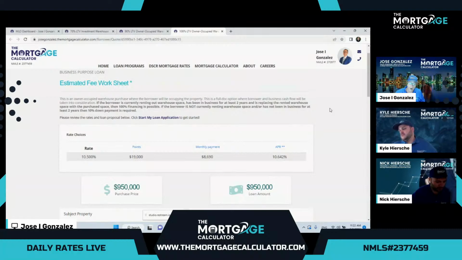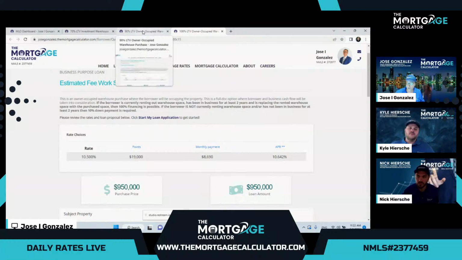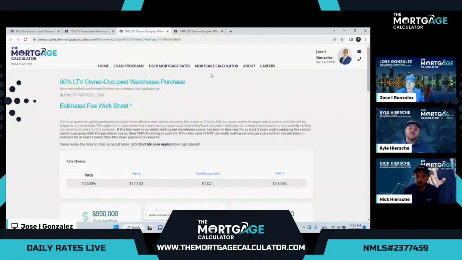Now, if the borrower does not meet the requirements of having been in business for at least 2 years and or is currently not renting their warehouse space, who knows, maybe they're running it out of a garage and the business just grew, whatever it is, if they're not meeting those requirements, then we can still do it, but it would not be 100% financing, it would be 90% financing.